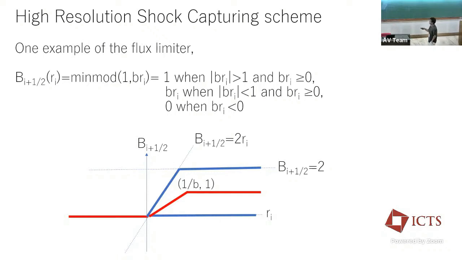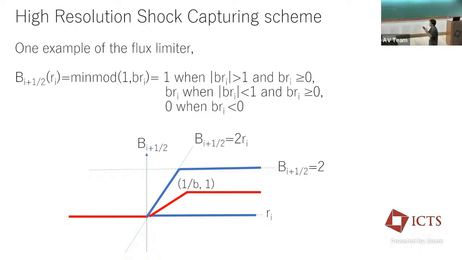If you plot this functional form on this diagram, you can get this red profile, which satisfies the blue hatched region, and the meaning of the b is given by this diagram.